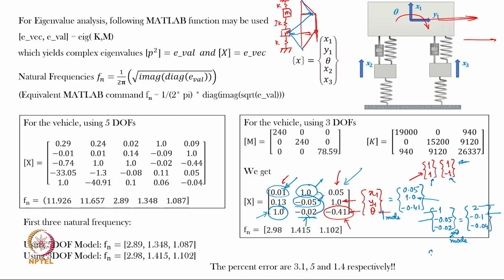So, if this x1 is a mode shape, then n times x1 is also a mode shape, right. So, it is basically a relative displacement amplitude that we are talking about.